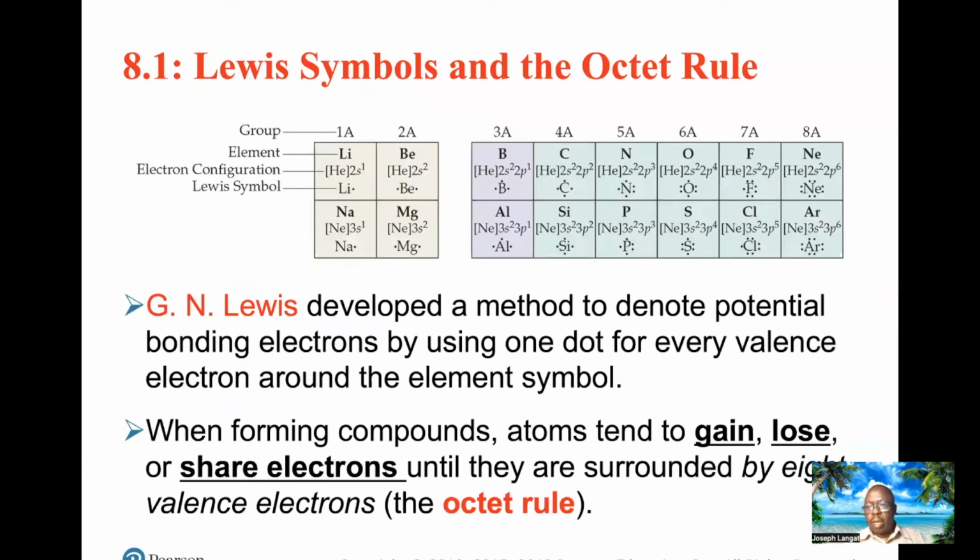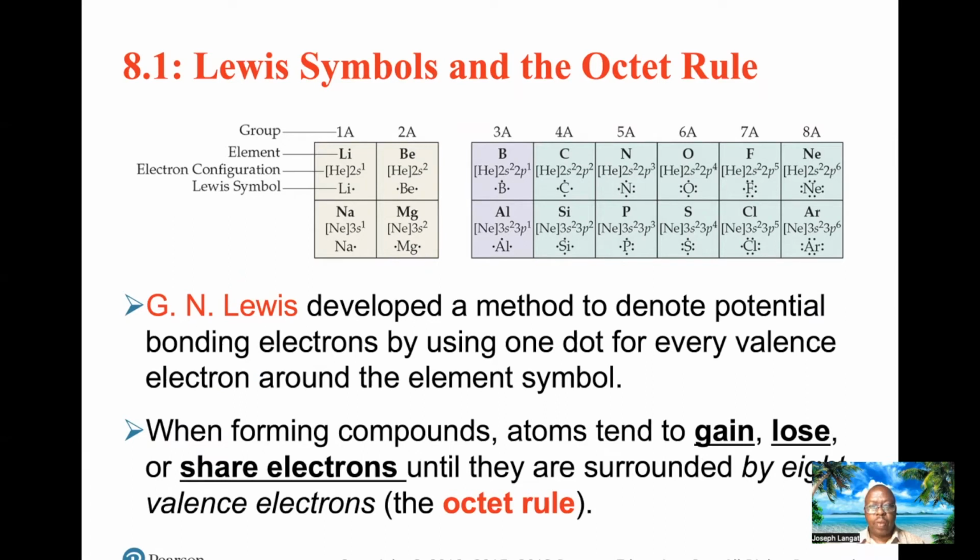Now let's see 8.1, Lewis structure. First of all, let's understand who Lewis was before we look at the octet rule. Gilbert Lewis was an American chemist who proposed that when elements on the periodic table react, they make use of their valence electrons in the outermost shell.